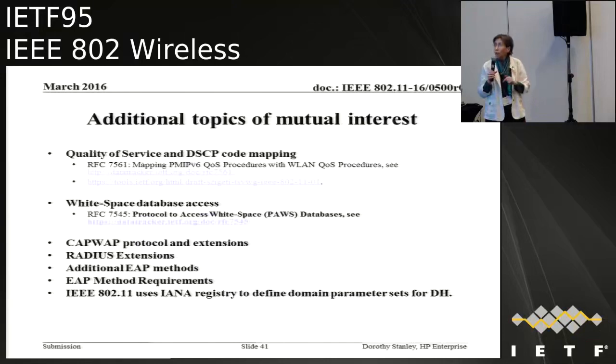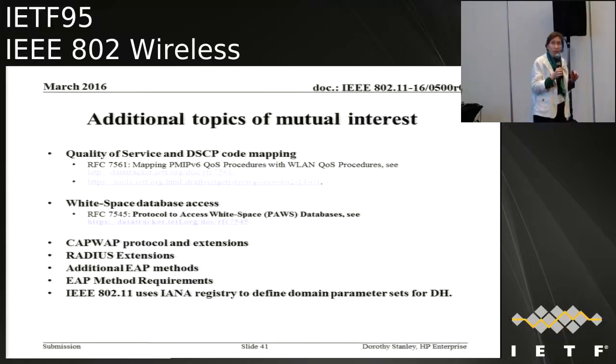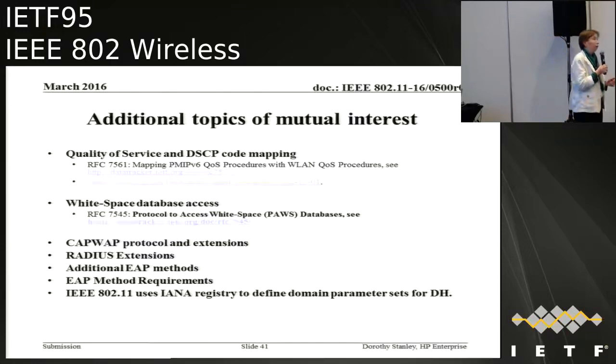There was work done in the PAWS group to develop a protocol to access white space databases, and this relates to the 11AF amendment that was developed. Then CAPWAP protocol extensions, radius extensions, additional EAP methods, EAP method requirements. Also, we use the IANA registry for a number of items. For example, defining domain parameter sets and basically try and leverage items that are there.